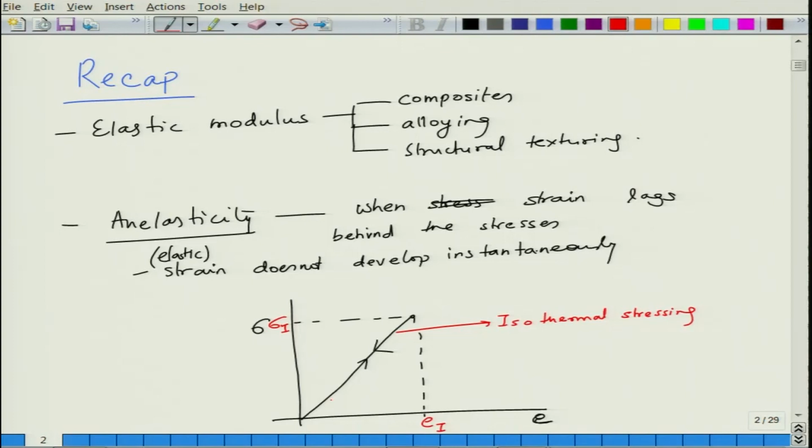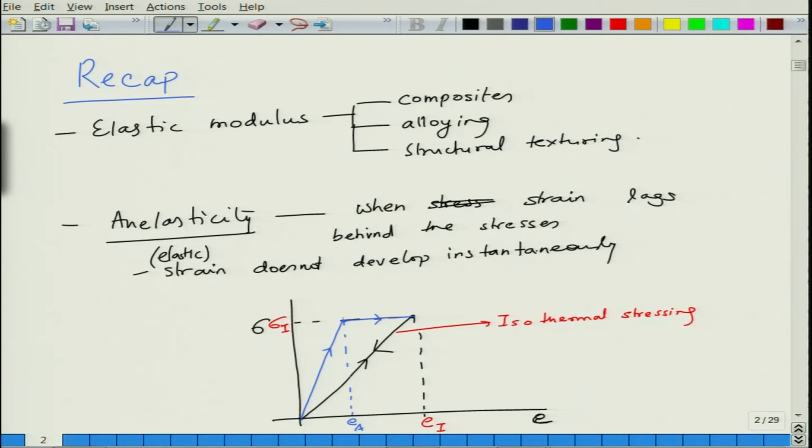Now, what could happen in real situations is that when you apply stress in this fashion and reach this maximum stress, the amount of strain that you are able to reach is only this much, let us say epsilon A. Then you leave the sample for some time for the strain to follow this path.